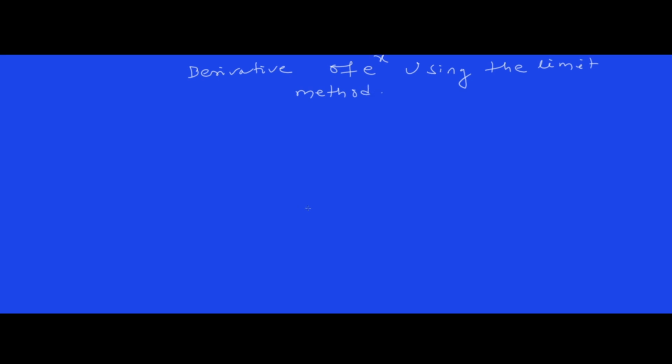Alright, so to find the derivative of e to the power x, we need to use the limit definition of a derivative. The limit definition states that the derivative of a function f of x at point x is given by f prime of x is equal to the limit as h tends to 0 of f of x plus h minus f of x over h.